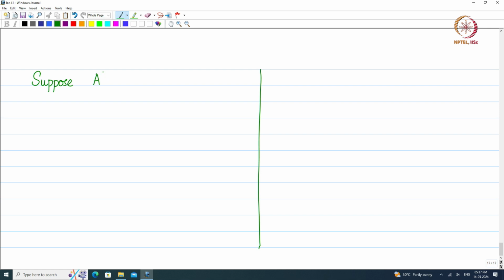Suppose A is a 2 by 2 real symmetric matrix with distinct eigenvalues.